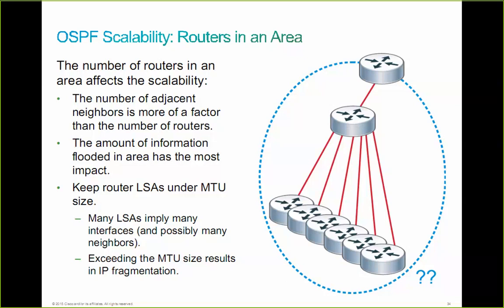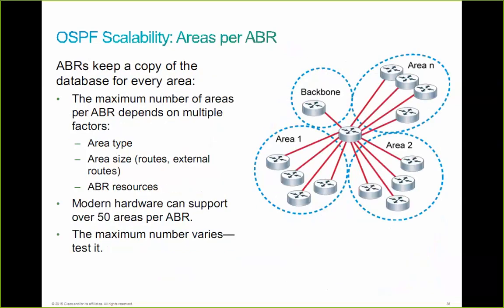Welcome back. So ABRs, area border routers, we can see one depicted in the diagram right here. An ABR is going to keep a copy of a database for all the areas that they service. If the router is connected to 10 areas, it's going to have a list of 10 different databases. The number of areas per ABR also depends on a lot of different factors.